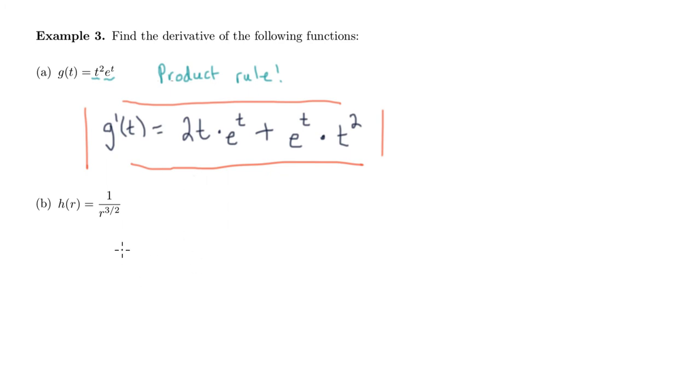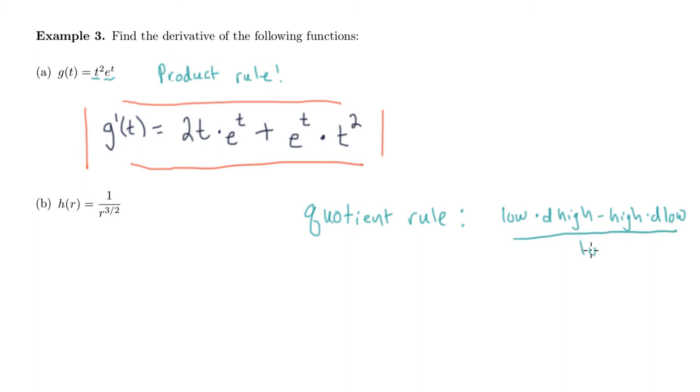And so the quotient rule was, let me just write it out here so you can see it. So it was low times d high minus high times d low over low squared. Now, of course, high and low mean top and bottom, like that.